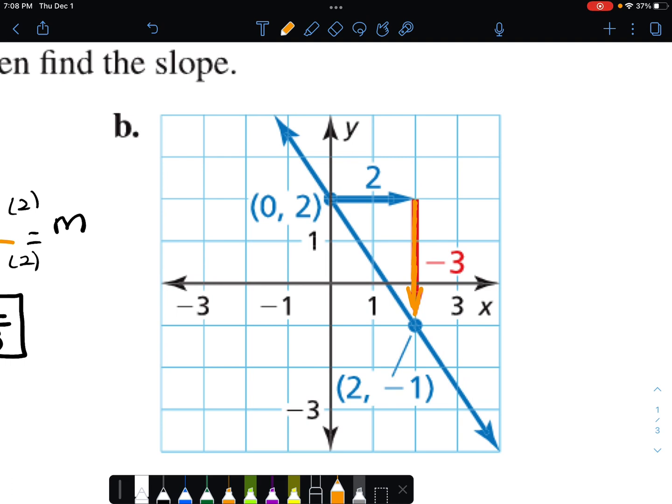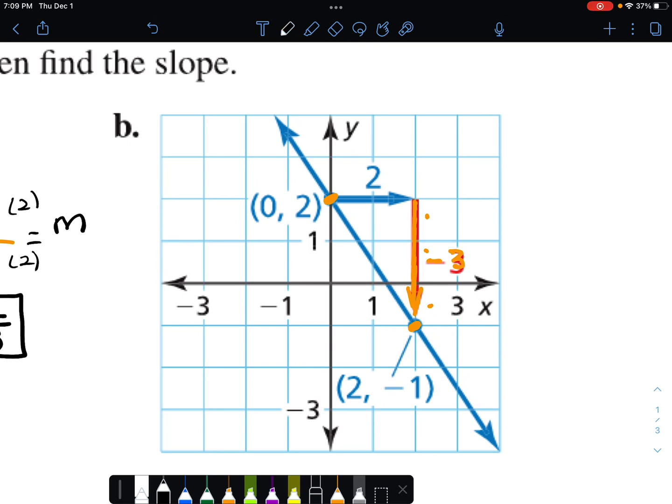So our first point, if we start from 0, 2, and going down to our second point to -1, you see how we're going down by -3? You know that because if we count the boxes from the top point down to the bottom point, you get 1, 2, 3. Okay, and notice how we're going down, so we're going to call this the -3.